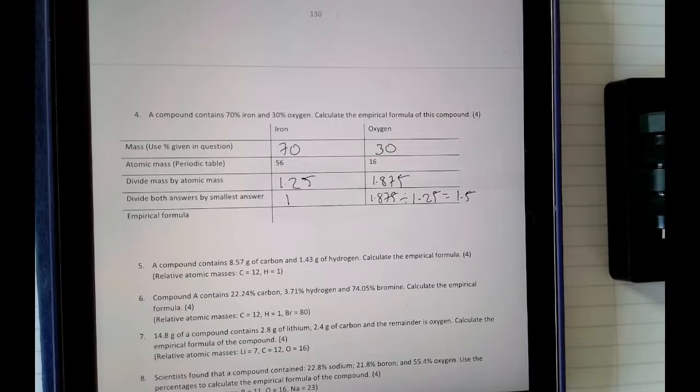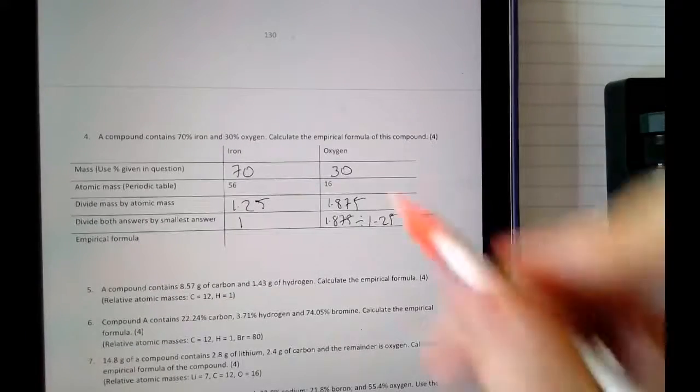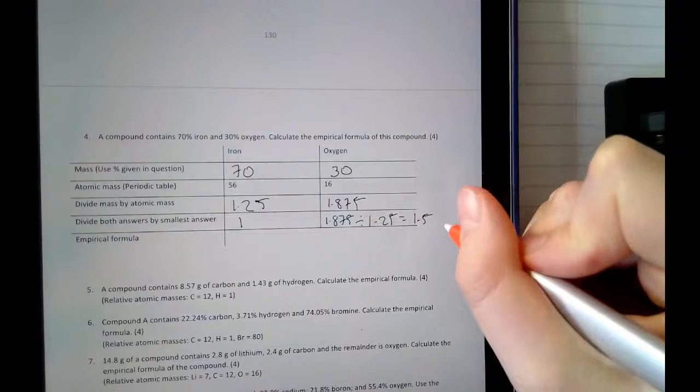But you do need to get rid of that fraction. Because it's 0.5, which is the same as a half, to make a half a whole number, you would need to multiply by 2, because 2 halves are a whole. So if I want to make this 0.5 a whole number, then I need to multiply by 2. 2 halves are a whole. But I need to keep the ratio the same.